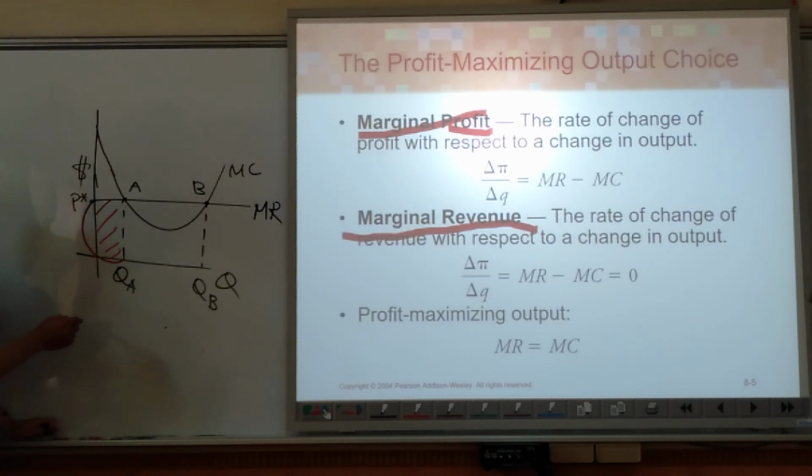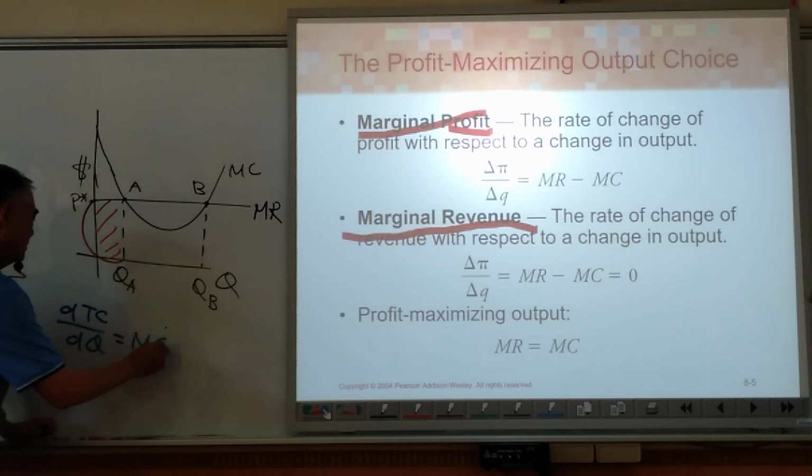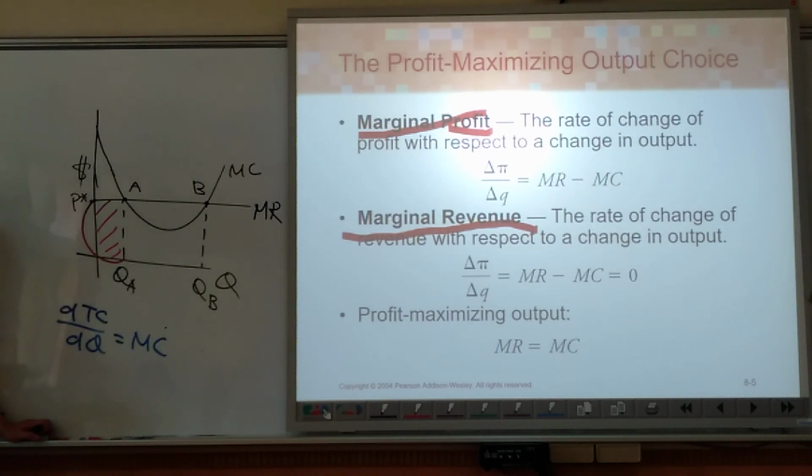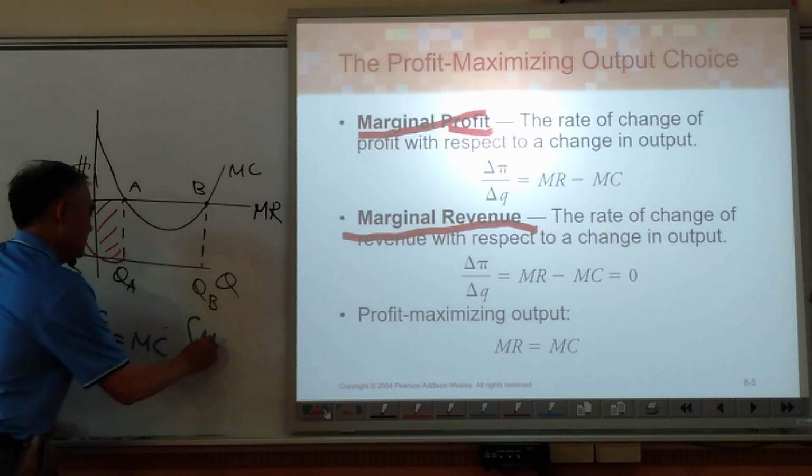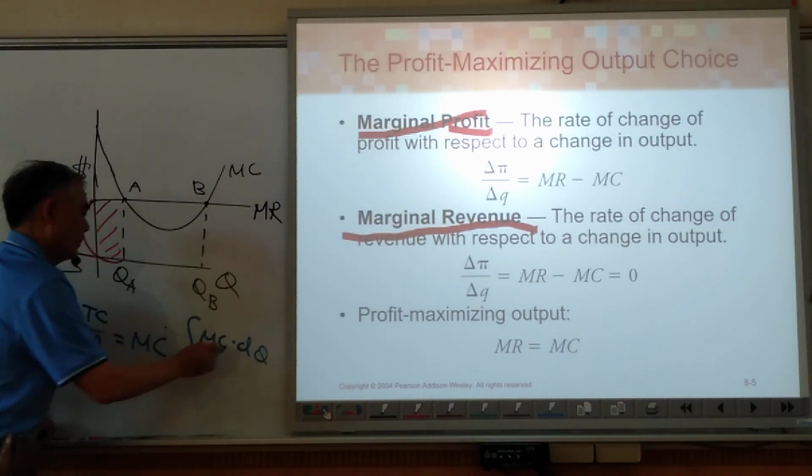If you differentiate TC with respect to Q, you get marginal cost, right? Questions? And how are you going to get total cost? You get the integration of MC dQ.